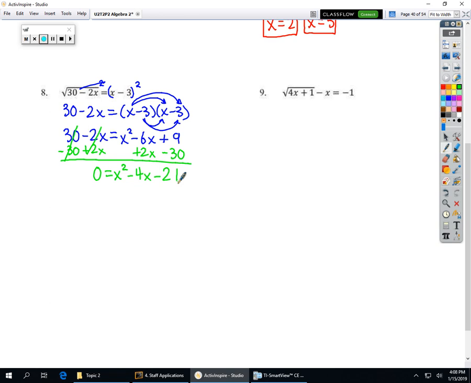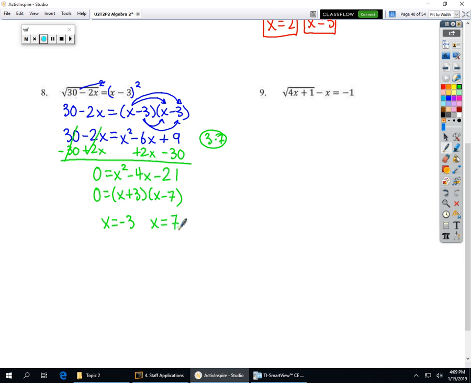Anything that multiplies to 21 and adds to 4? You got 3 times 7. Yeah, 3 times 7 works. In this case, I need a negative 4, so I need to make this 0 equals x plus 3, x minus 7, leading me to two answers. x equals negative 3, and x equals 7.